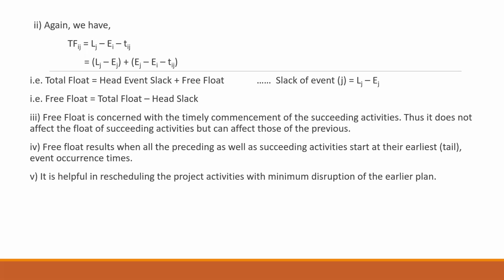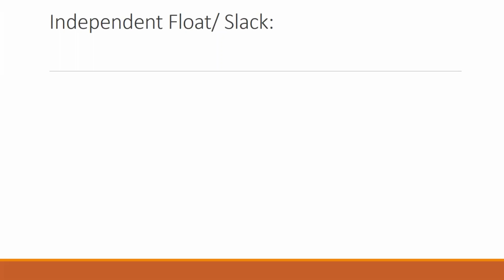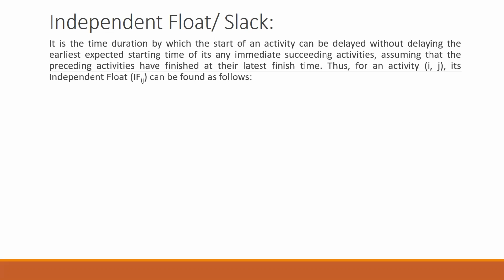Now the last float or slack which is available is your independent float. It is the time duration by which the start of an activity can be delayed without delaying the earliest expected starting time of its immediate succeeding activity.